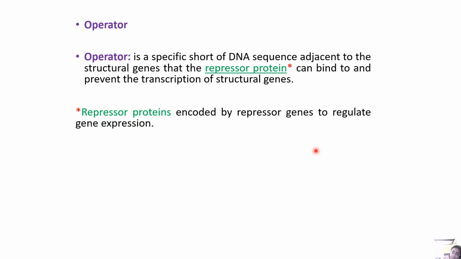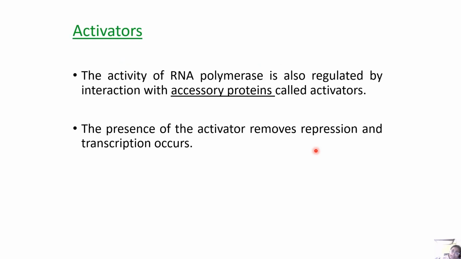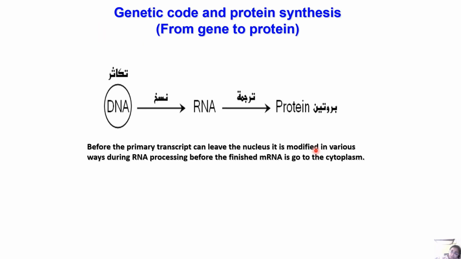This repressor protein is encoded by repressor genes to regulate gene expression. The activity of RNA polymerase is also regulated by interaction with accessory proteins called activators. The presence of the activator removes repression and transcription occurs.